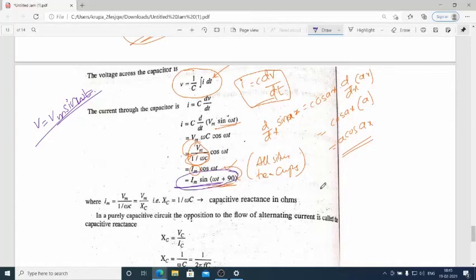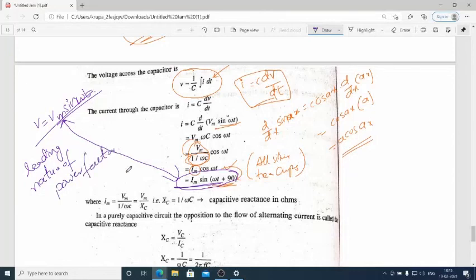Plus phi means forward direction. There is a leading nature between the voltage and current, the leading nature of power factor.